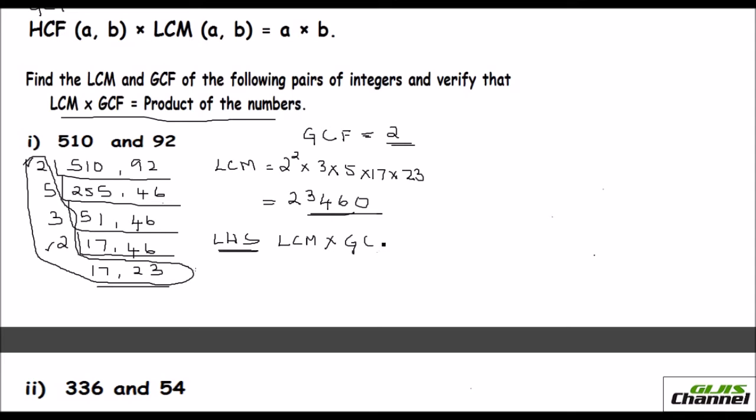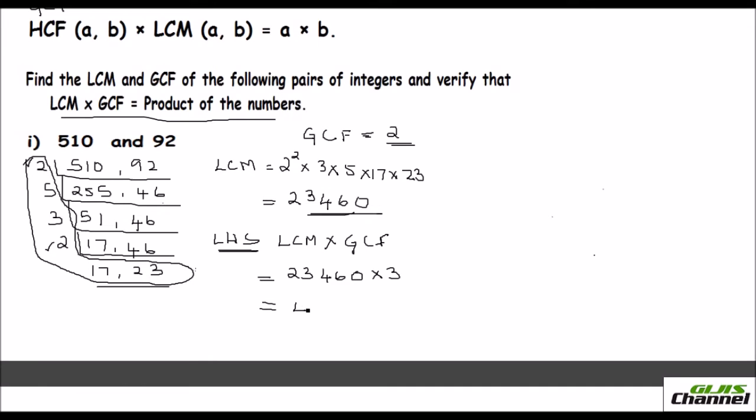Your LCM you got here is 23,460 times the GCF, which is 2. So you get 46,920. Now let's find the RHS, the right hand side. As per the RHS, I have to find the product of the two numbers.